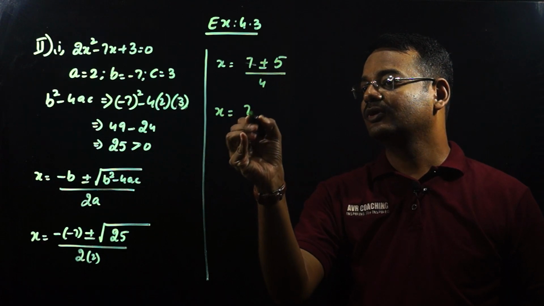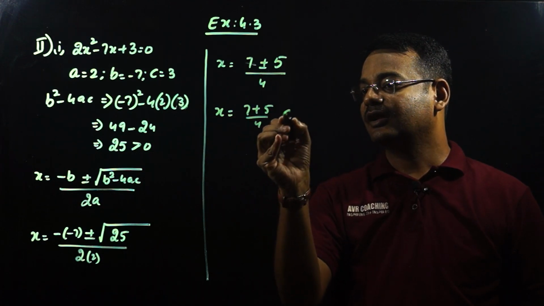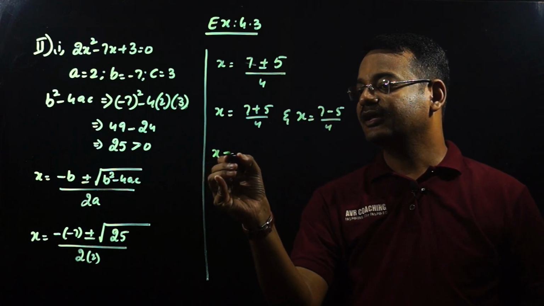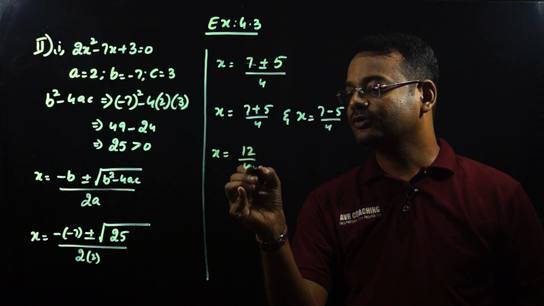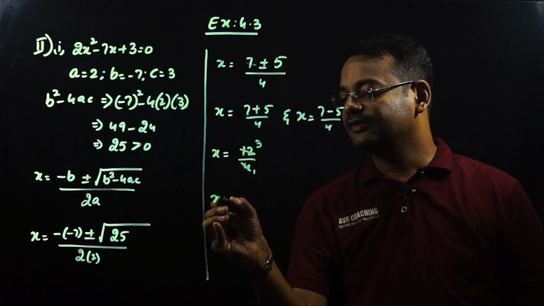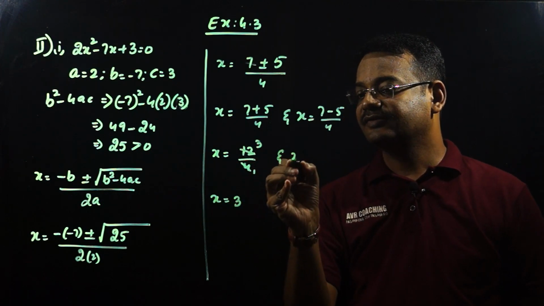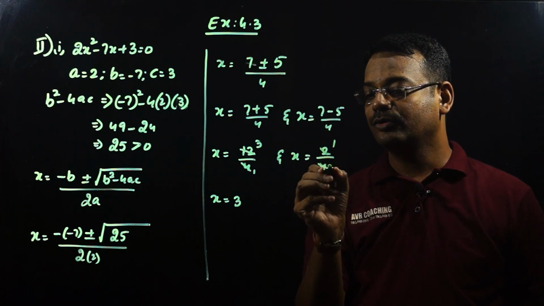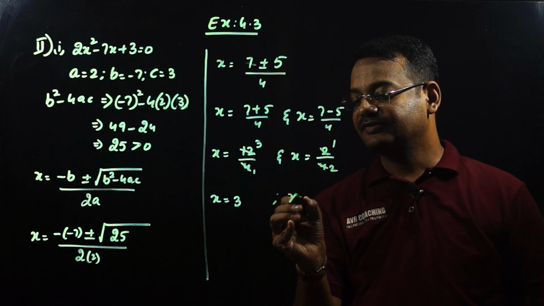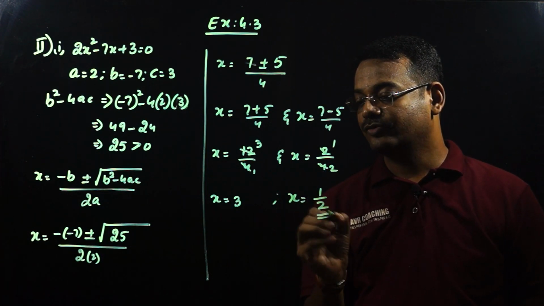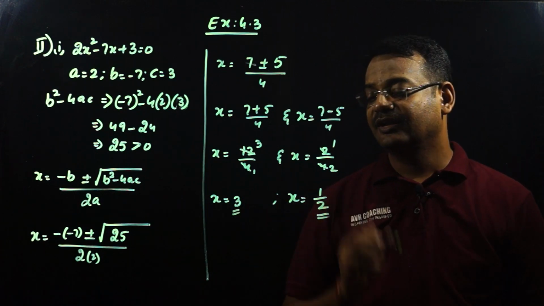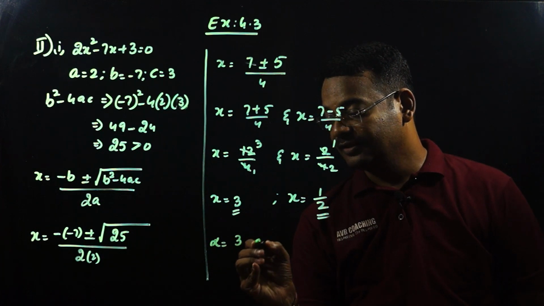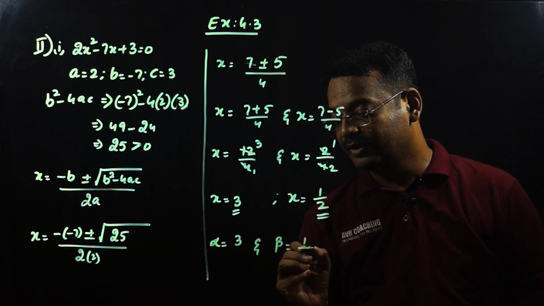So x equal to 7 plus 5 by 4 and x equal to 7 minus 5 by 4. This will be x equal to 12 by 4, that is 3, and x equal to 7 minus 5 is 2 by 4, which is equal to 1 by 2. Therefore x values are x equal to 3 and x equal to 1 by 2, or we can also write alpha equal to 3 and beta equal to 1 by 2.